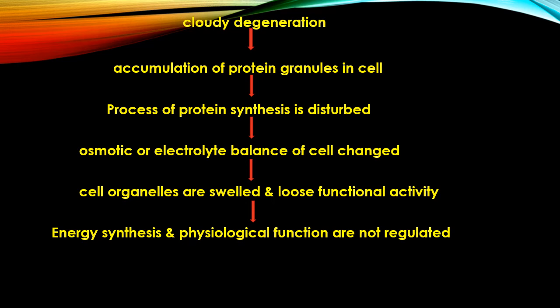In cloudy degeneration, the fundamental basic change in the cytoplasm of parenchymatous cells is accumulation of protein granules. Protein granules are produced by the protein synthesizing machinery, which is disturbed due to damage by poisonous substances, either bacterial or viral in origin, or even simple chemicals.